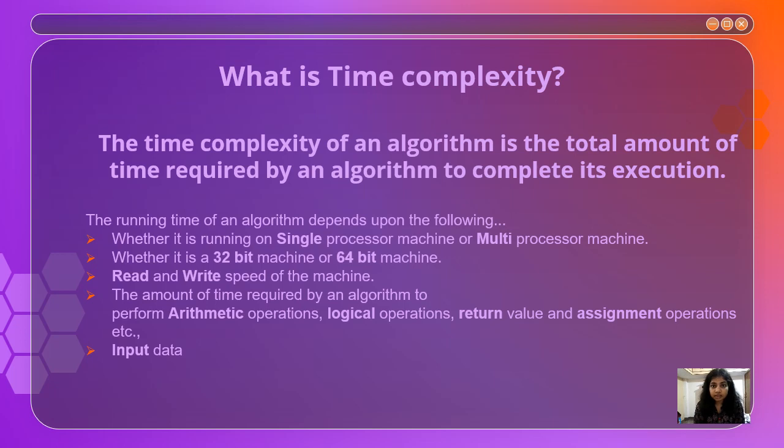What is time complexity? The time complexity is the total amount of time required by an algorithm to complete its execution.